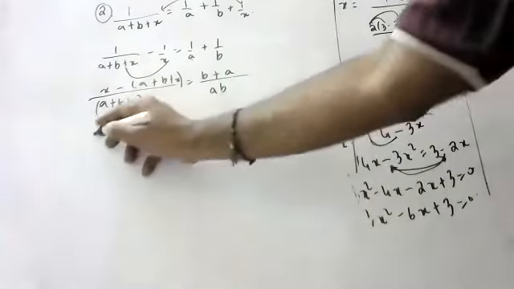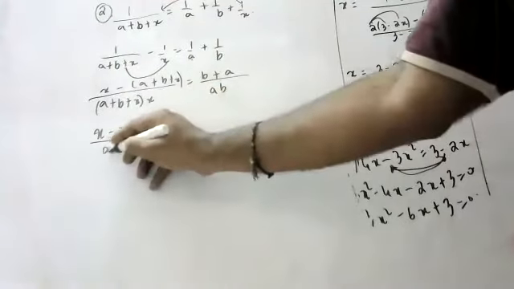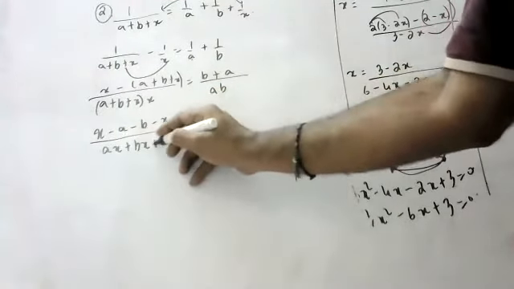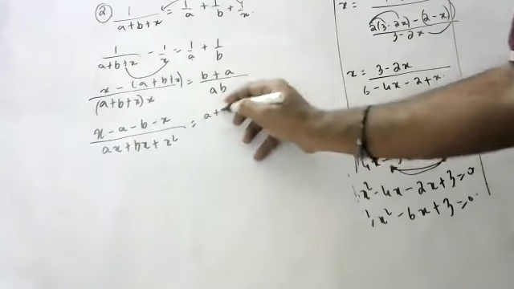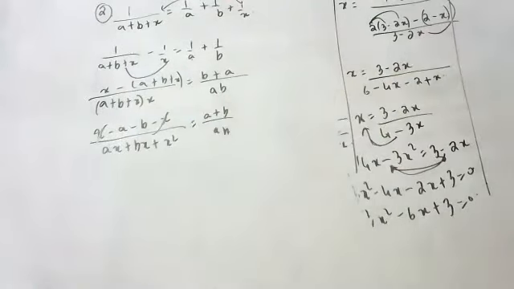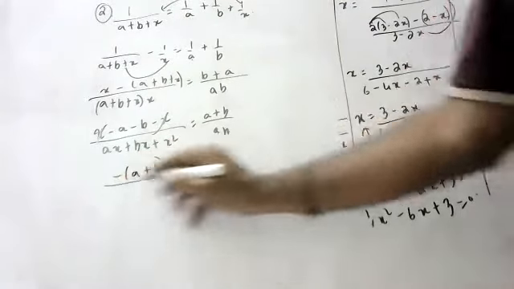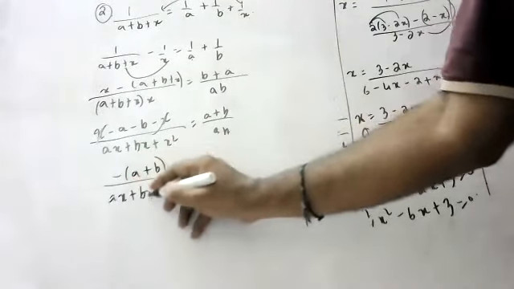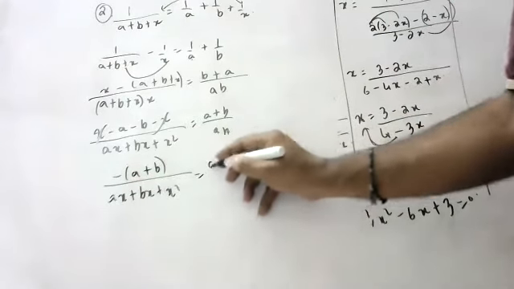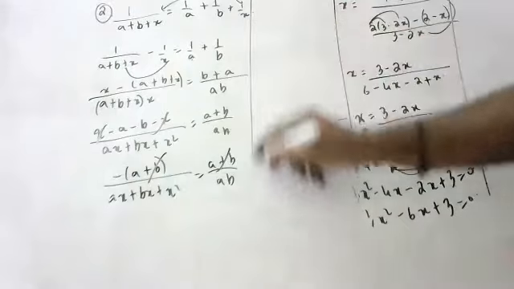So children, x minus a minus b minus x by ax plus bx plus x square is equal to a plus b by ab. Minus x plus x is gone. Now we take minus common in the numerator. When you take minus common in the numerator, children, minus of (a plus b) into (ax plus bx plus x square) is equal to (a plus b) by ab. a plus b cancel.